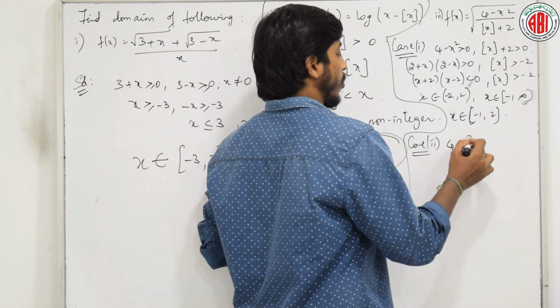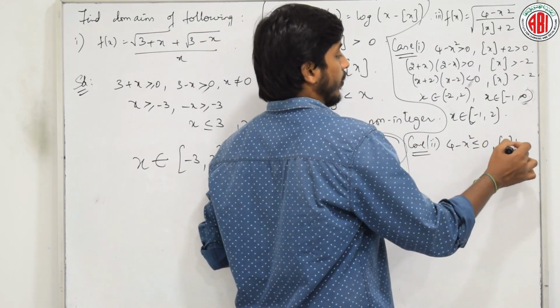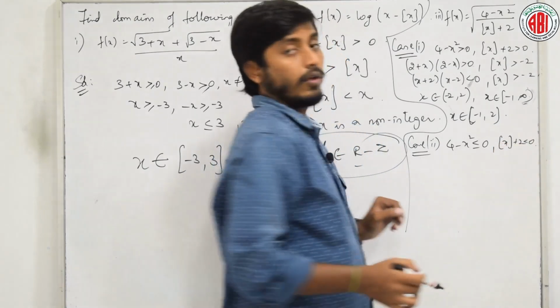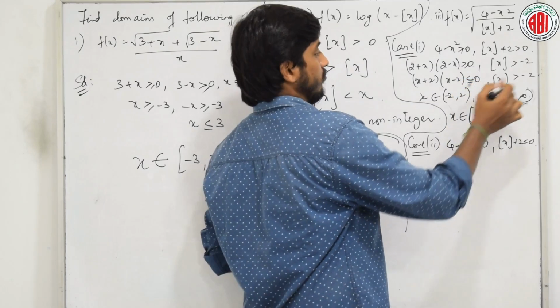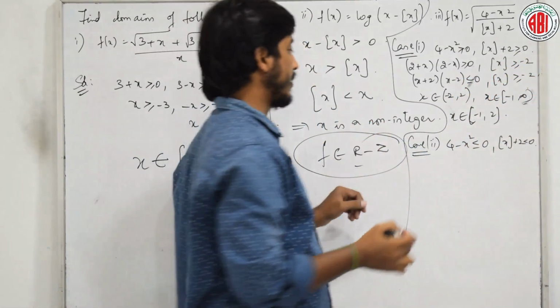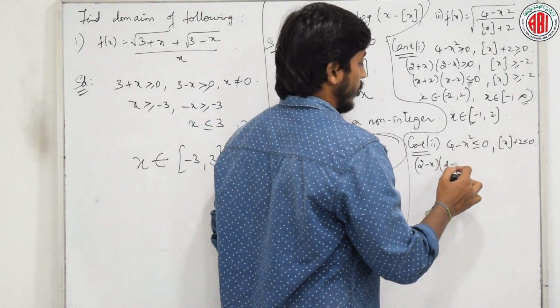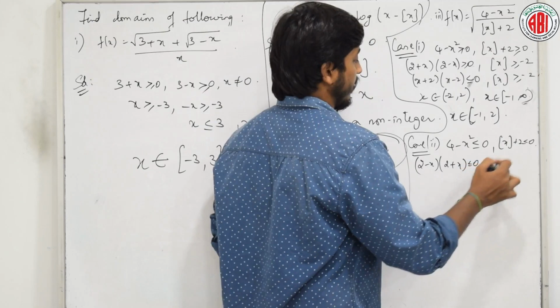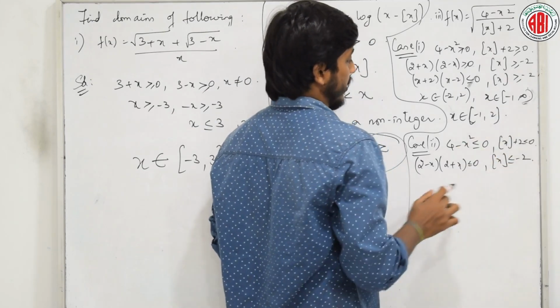That is, both are less than or equal to 0. Both can also be equated to 0 at once. Next, here (2 - x)(2 + x) <= 0, and here mod x <= -2.